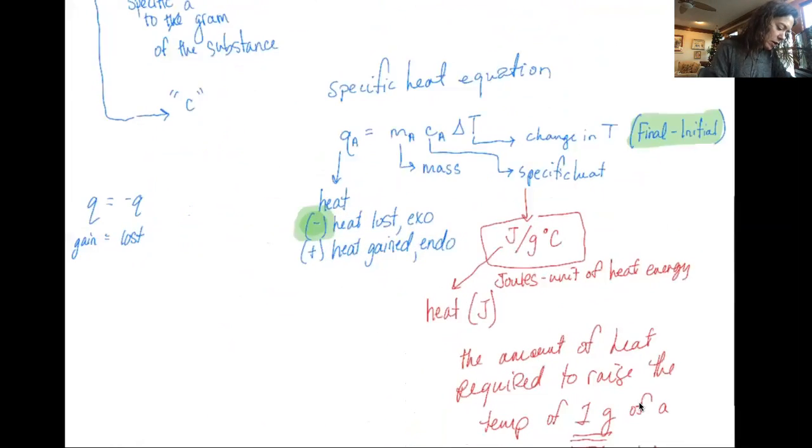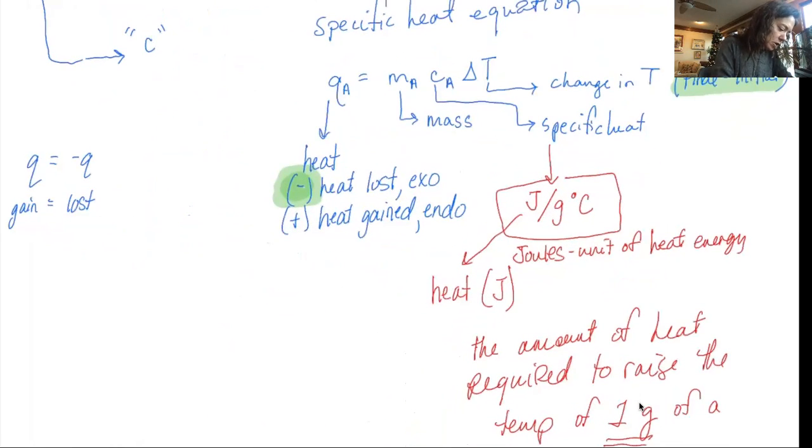Another thing, okay, that takes me back here, because remember, we were looking at our equation and we were looking at our units. So we just said that, right, C is joules per gram degrees Celsius. Your mass, therefore, must be in grams. So if you're not given grams, you need to make sure you have grams. And when you solve for Q, it will be in joules. Okay?